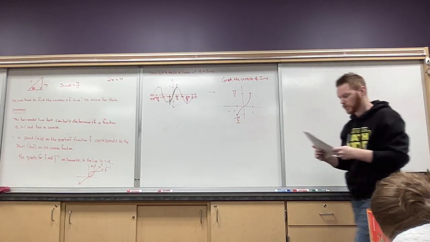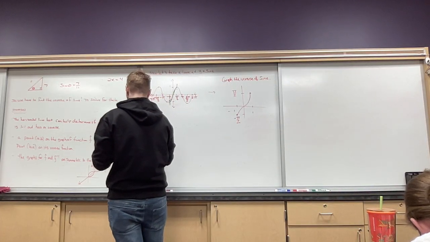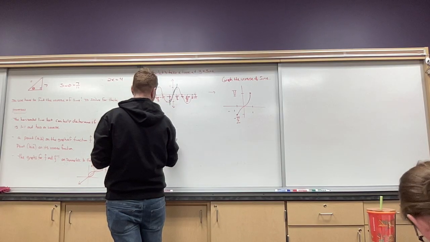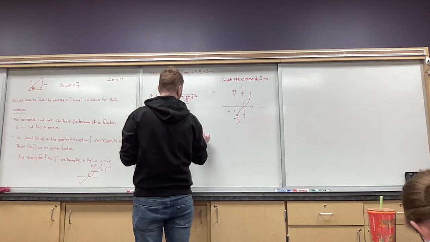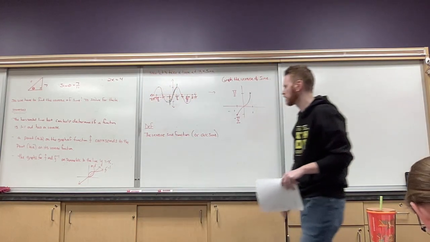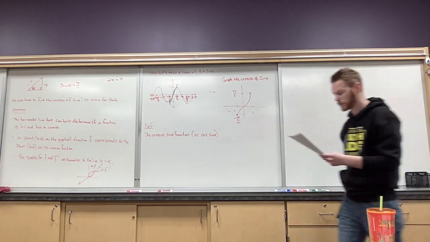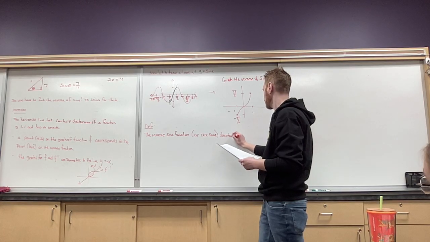Okay. So underneath here, let's put a definition. So the inverse sine function, or we can call it arc sine. I don't know if you've ever seen that before in other math classes, but arc sine is the same thing as the inverse for the sine function. And we have a symbol for it, which you might recognize from geometry.